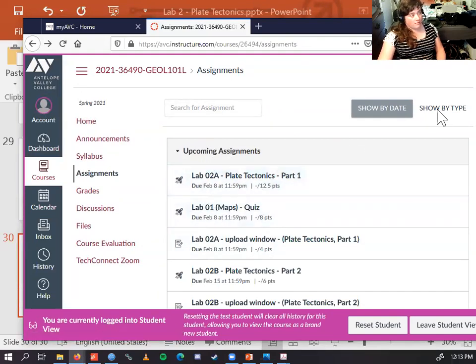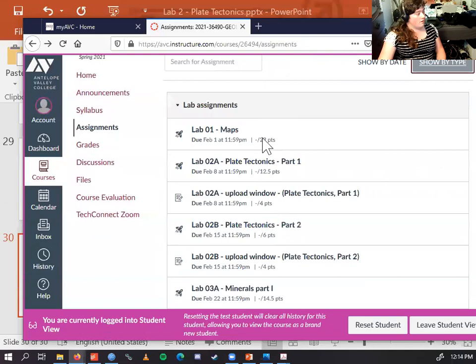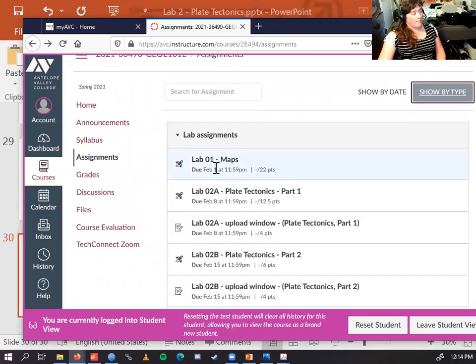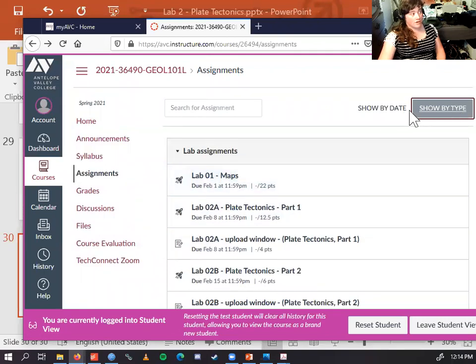In student view, oh, okay, you can do show by type also. So this is actually kind of what I expected to see. If you click on show by type, that lists the lab assignments. This upload window here is what you're going to be putting your completed drawing in.